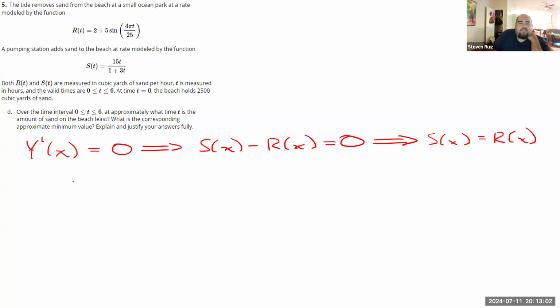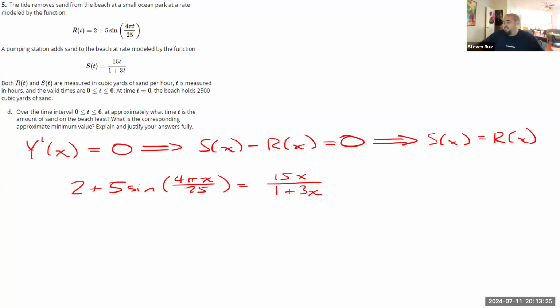So when's that going to happen? So I have 2 plus 5 sine of 4 pi x over 25 equals 15x over 1 plus 3x.